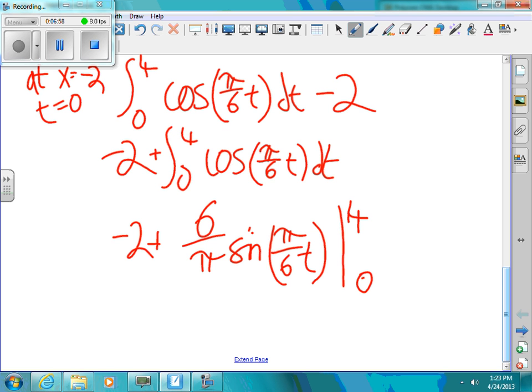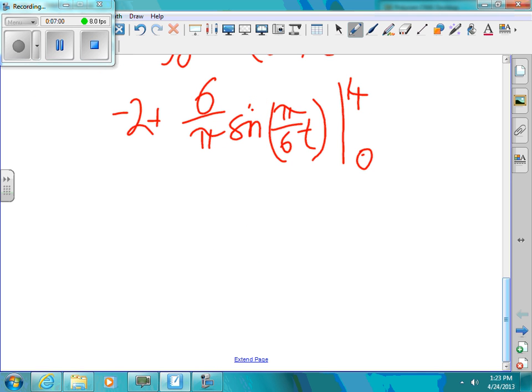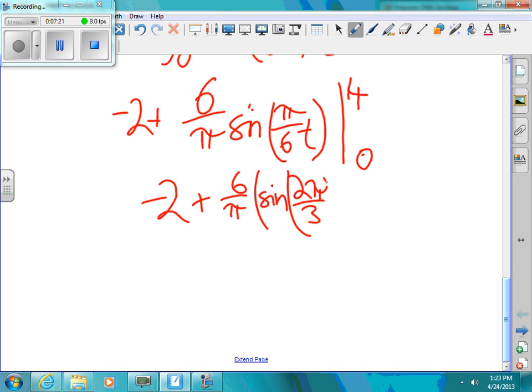Then because it's a definite integral, we just plug in the b value where the t is minus the a value where the t is, which is negative 2 plus 6 over pi times square root of 3 over 2.